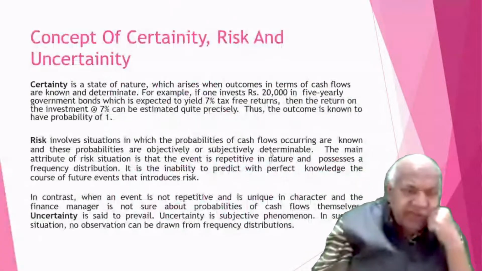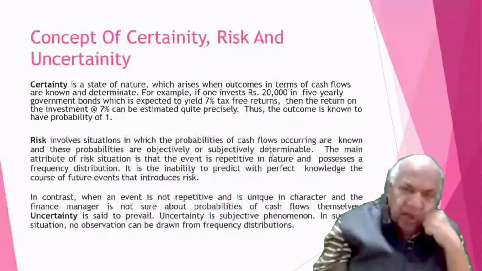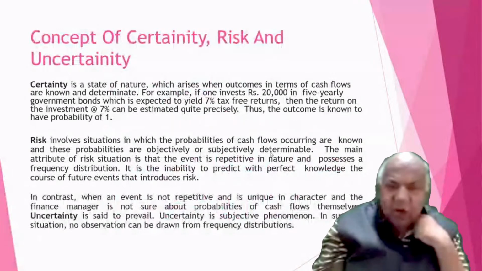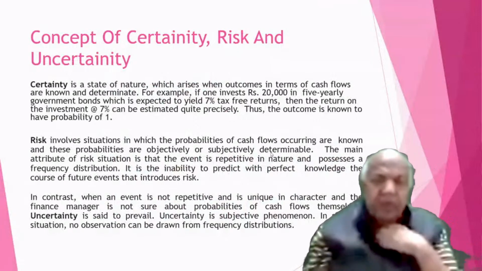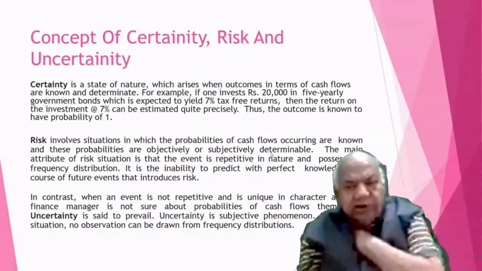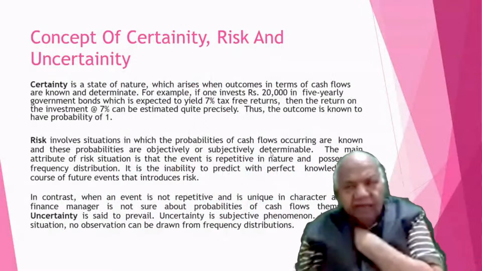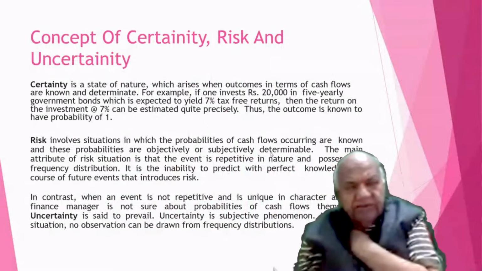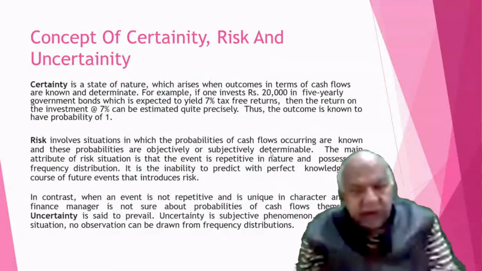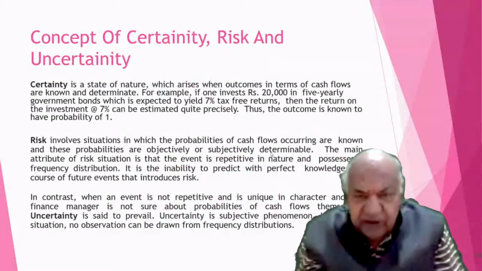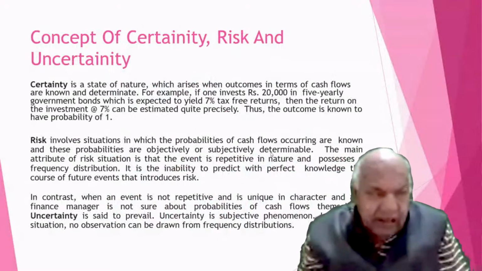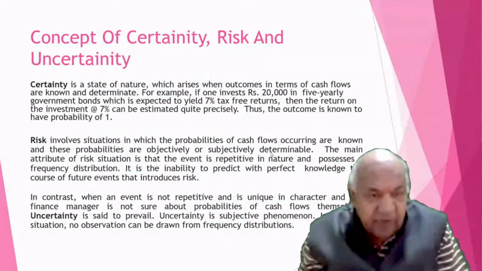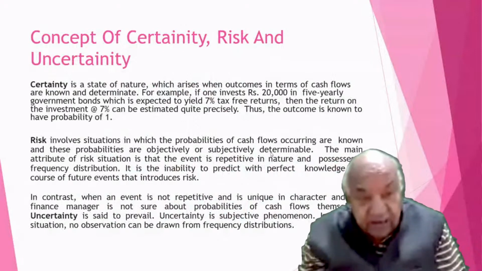Certainty is a state of nature which arises when outcomes in terms of cash flows are known and determined. For example, if one invests rupees 20,000 in 5 yearly government bonds, which is expected to yield 7% tax-free returns, then the return on the investment at 7% can be estimated quite precisely.